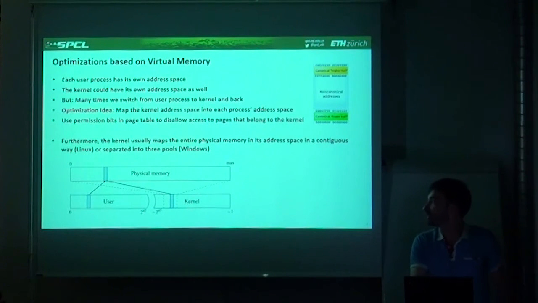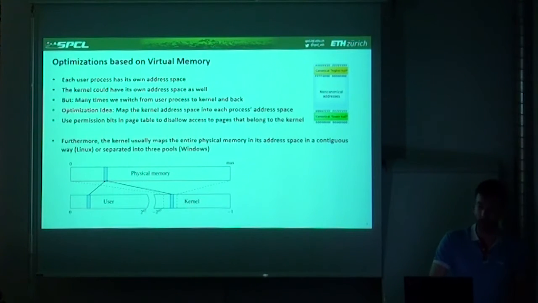Furthermore, what the kernel usually does in all operating systems, no, there is a difference here. What the kernel usually needs to do is also map the physical memory, because the kernel needs to be able to do things like, okay, I have a DMA device and this DMA device wants to write into physical memory.